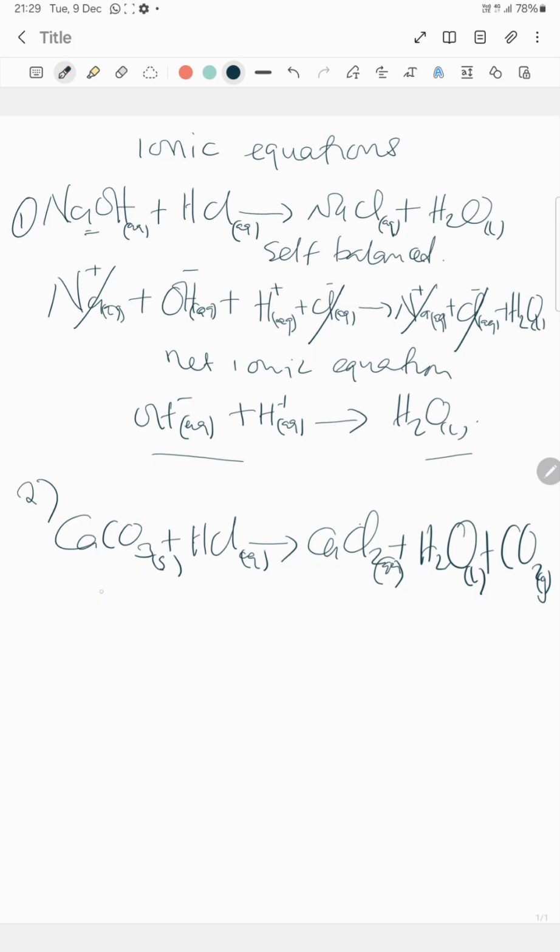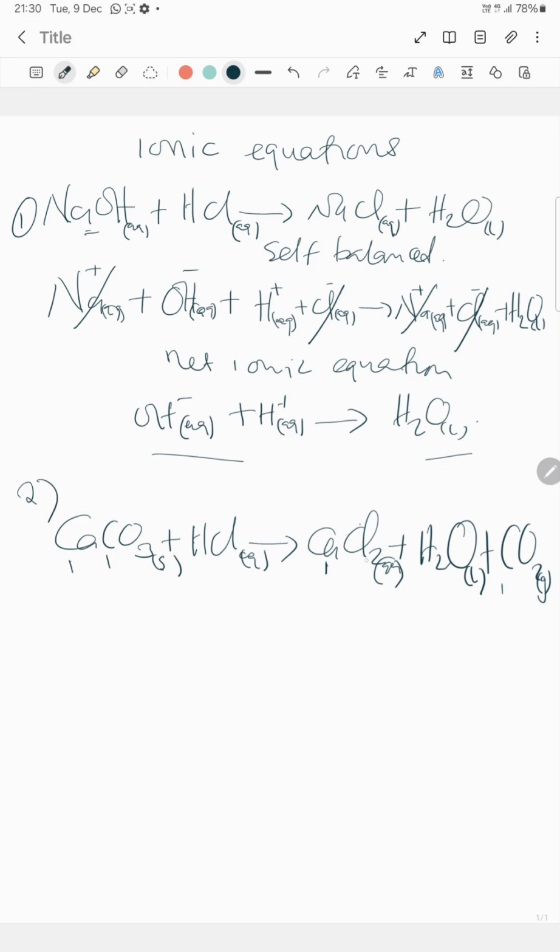Now let's balance the equation. If I check for calcium, calcium is 1, even here is 1. Then carbon is 1, even here carbon is 1.